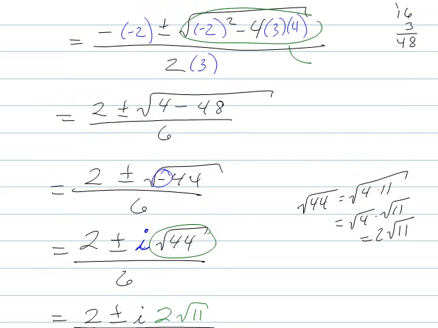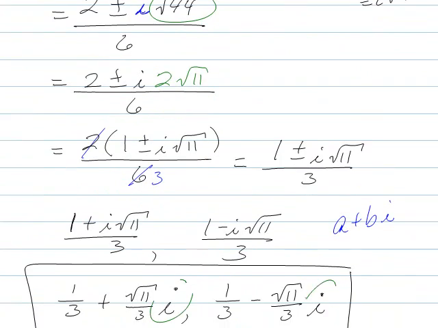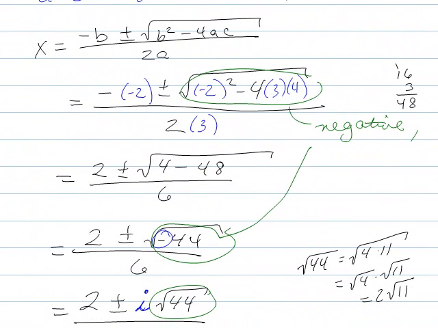Now, if you go up further, you'll see that the thing under the square root here was negative, right? So what kind of answer did we get here? We got an imaginary one. This was negative, so I got an imaginary answer.